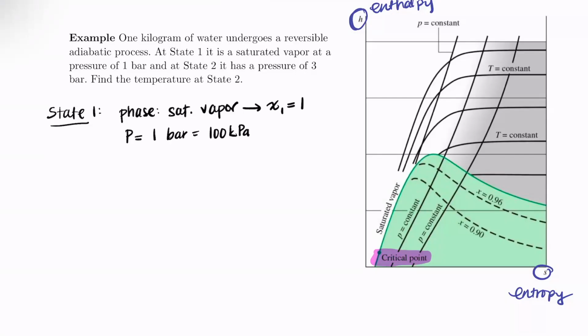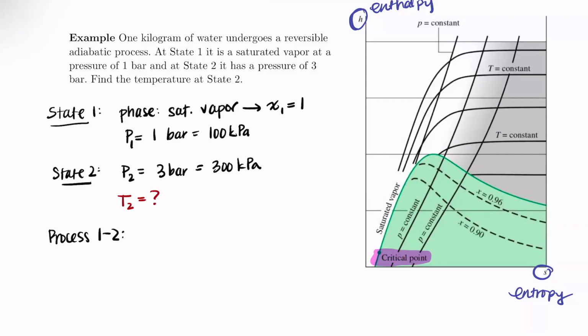Yes, excellent. All right. And then at state 2, P2 is equal to 3 bar, which is 300 kPa. And we want to find T2. We know that our process 1 to 2 is reversible and it's adiabatic.